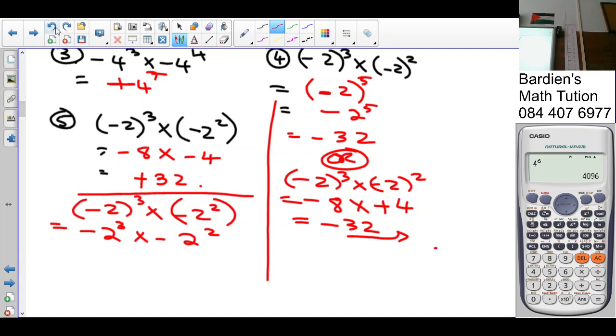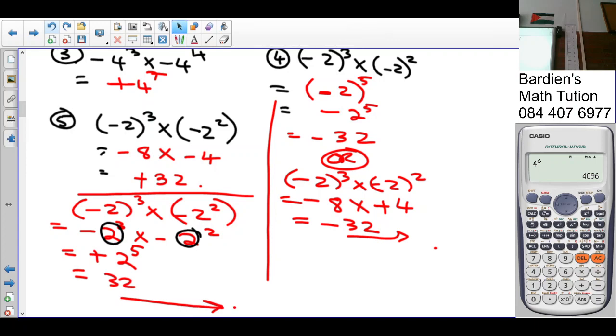So that will simply be positive 2. Are those bases the same? Yes. If the bases are the same, what can we do? Add the exponents. So you're going to have 3 plus 2. And what's 3 plus 2? 5. And 2 to the 5 is what? 32. Alright? Any confusion there?